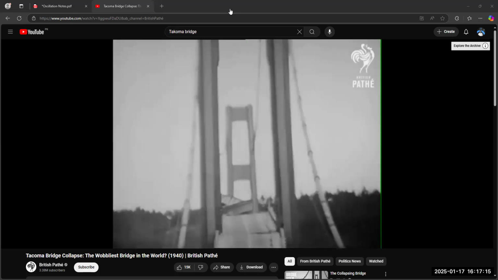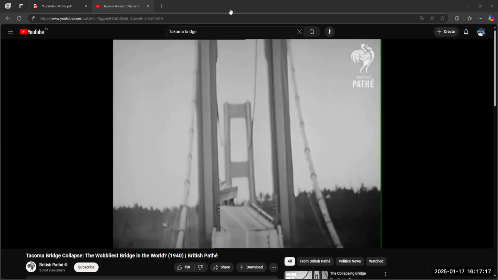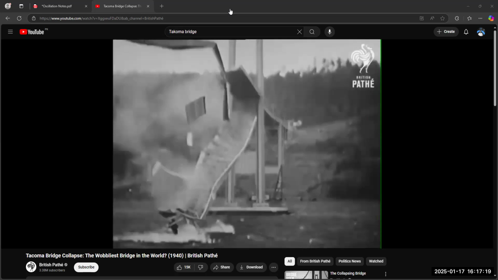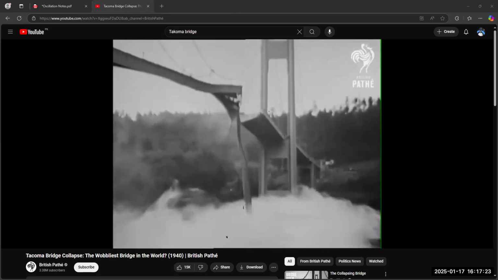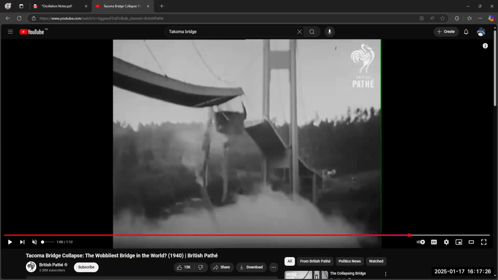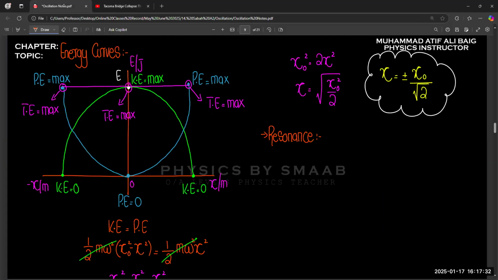So basically, in this video, we can observe easily that this bridge can collapse with the help of only vibrations, right? There is nothing else in this, or nothing special in the surrounding, but there are only free oscillations because of which the bridge collapses.